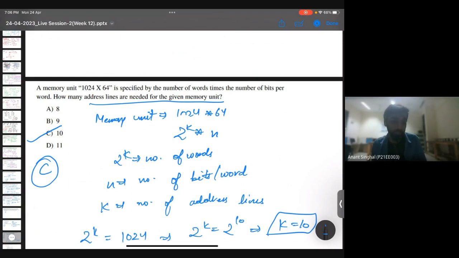Any doubts? If you don't have any doubts, please try to solve this question.